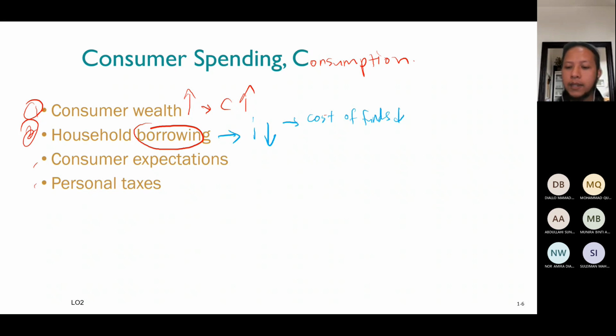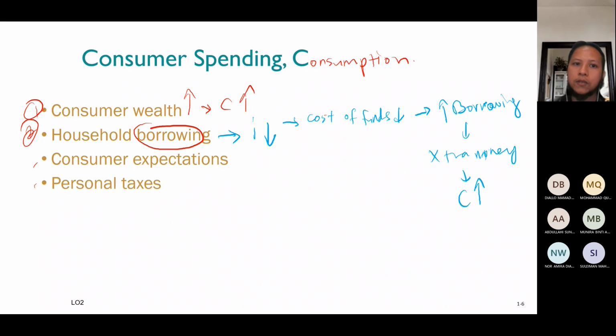Meaning when you go to the bank and you pay a lower interest, this interest is the cost of funds, and when the cost of funds is lower, more people will borrow. So borrowing increases, and when you have more borrowing, you have extra money, and when you have extra money, usually you will increase your consumption. So this is the relationship with interest rates.